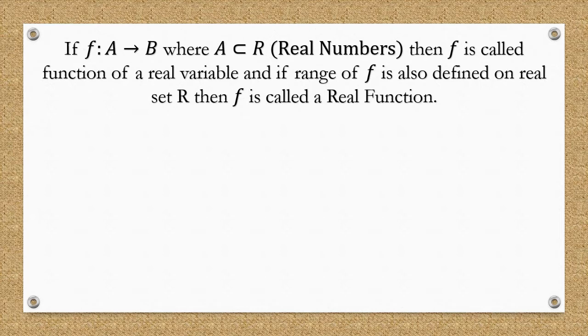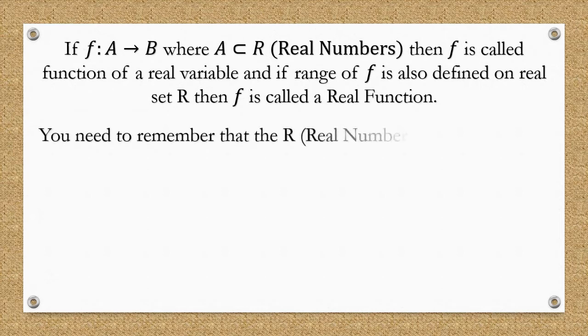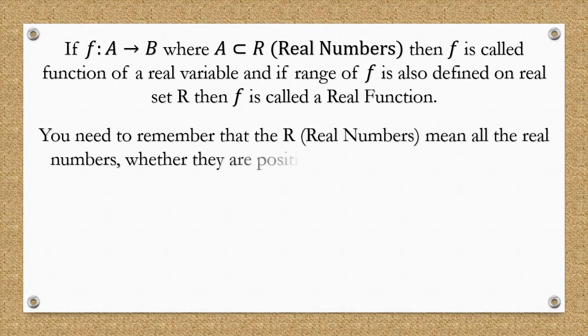Now you might be wondering what these real numbers are, as there is a chance that you have forgotten the meaning of the set of real numbers. So let me explain that first. You need to remember that R, that is the set of real numbers, means all the real numbers, whether they are positive numbers, negative numbers, whole numbers or fractions.